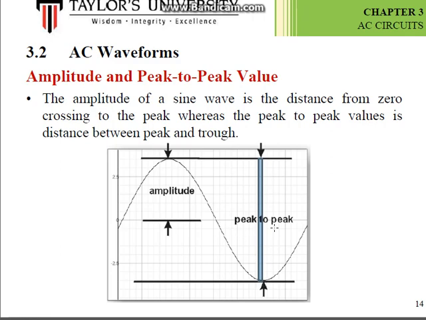So if in a particular question they say it's 6 VPP, where P and P usually mean the peak to peak value, this means your amplitude is actually 3 volt, because 6 VPP indicates from here to here it's 6. So to indicate the amplitude, it's going to be 3, because you just divide it by 2.